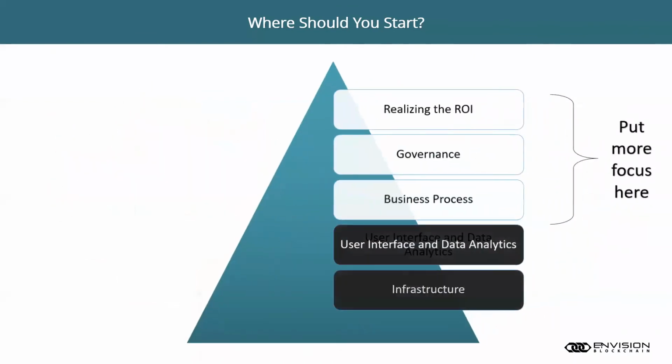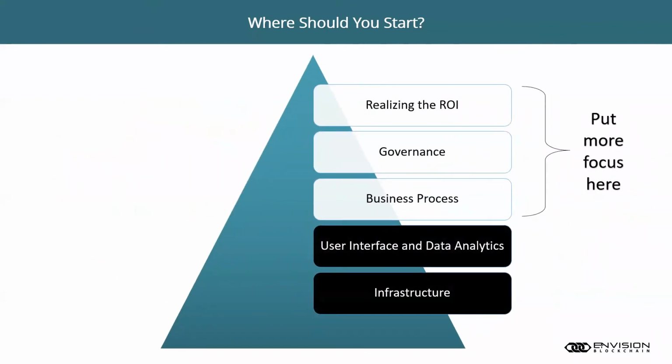So when we're talking about all this, we're talking about the bottom 2 pieces. If you leverage what we're about to show you, it's relatively simple at this point, because this Workbench and this Power BI solution that we're going to show you, it theoretically, at the very high level, takes care of these 2 bottom pieces. The user interface is done for you. The data analytics is done for you. The infrastructure is done for you.